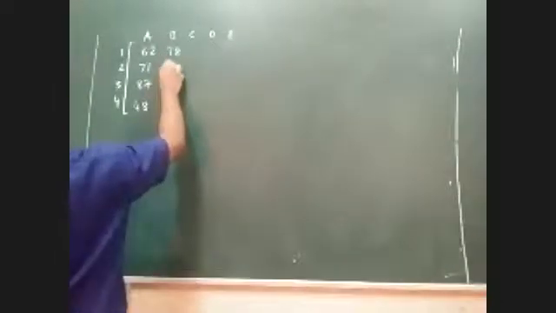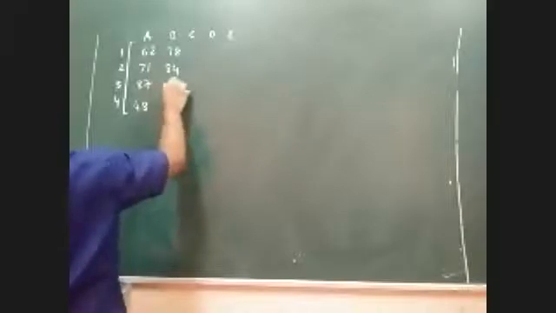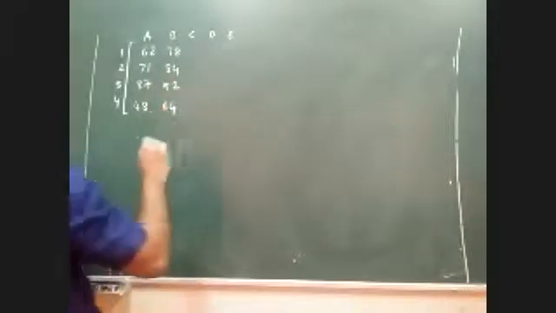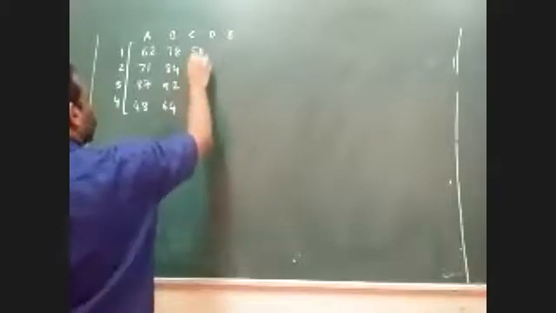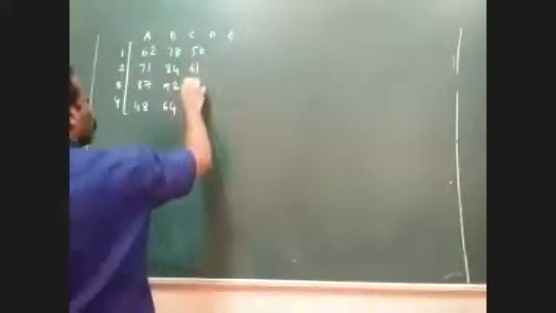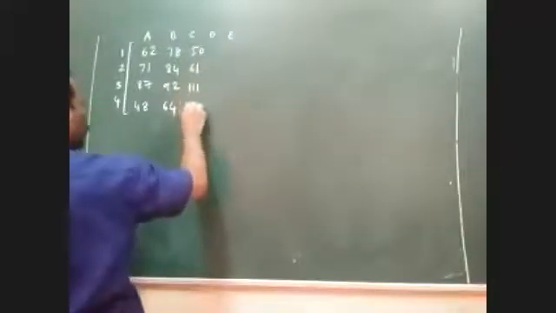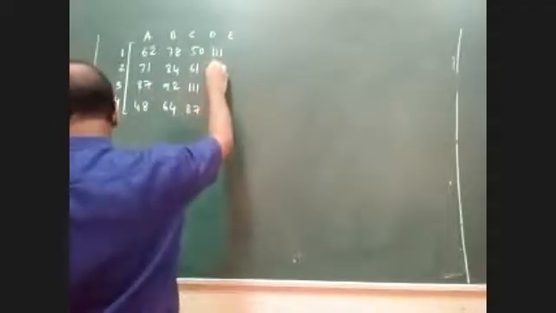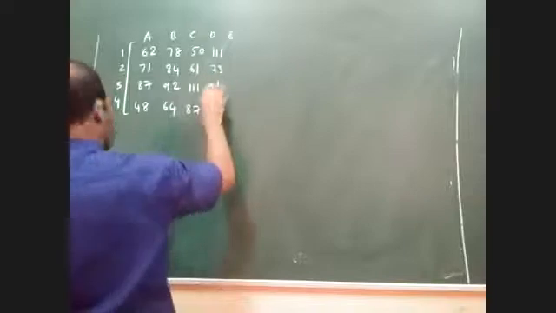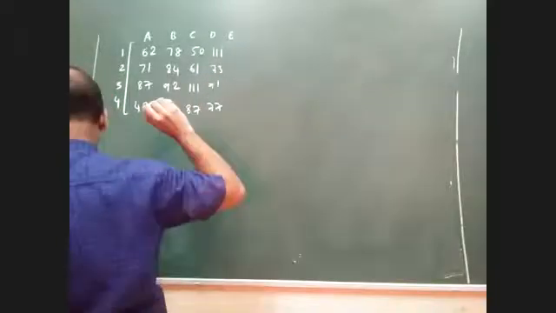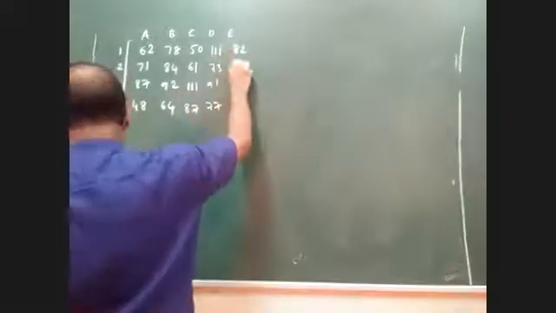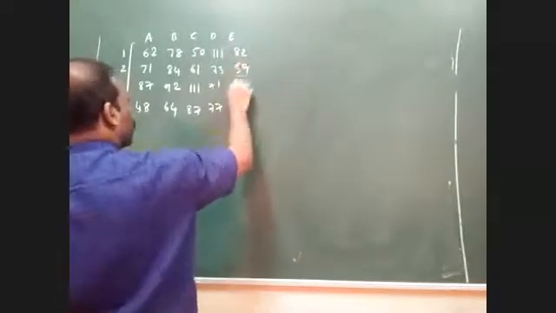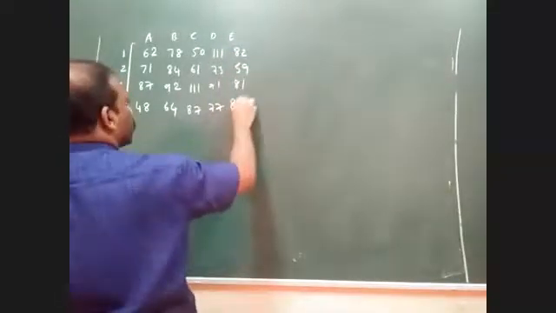And the second values are 78, 84, 92, and 64. And the third column is 50, 61, 111, and then we have 87. And the fourth column, 111, then 73, 71, 77. And the last column, 82, 59, 81, and 80.